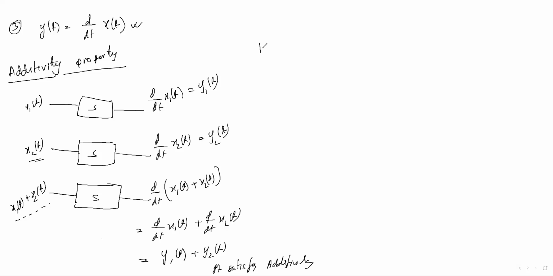We cannot say by seeing only the additivity property. We have to see homogeneity also, then only we can say this is a linear system. How can we check homogeneity?